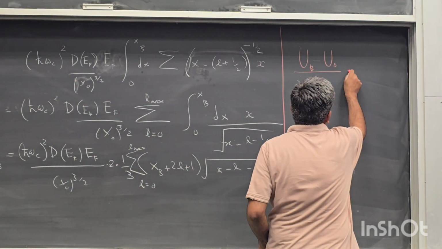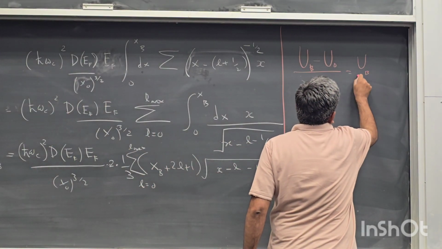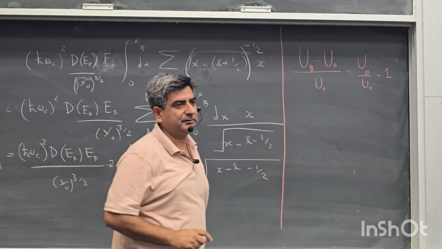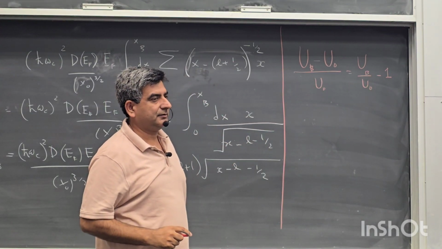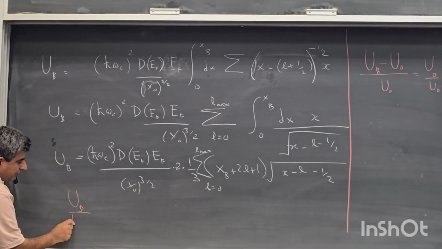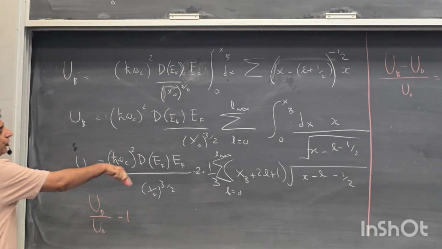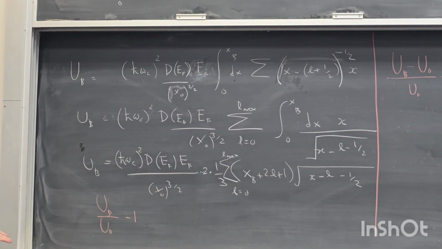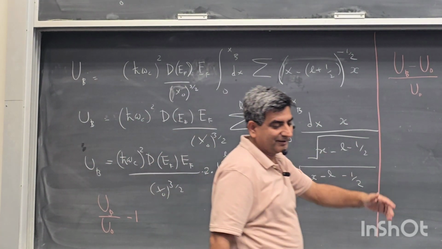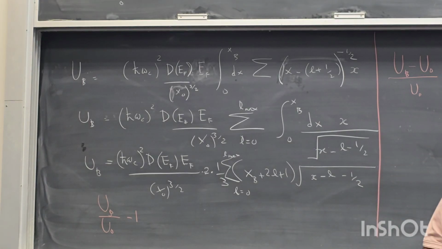So this would be ub over u naught minus 1. So when I take this expression, I have all the ingredients in place. I just divide ub by u naught over there, and the result that I obtain is profoundly simple.